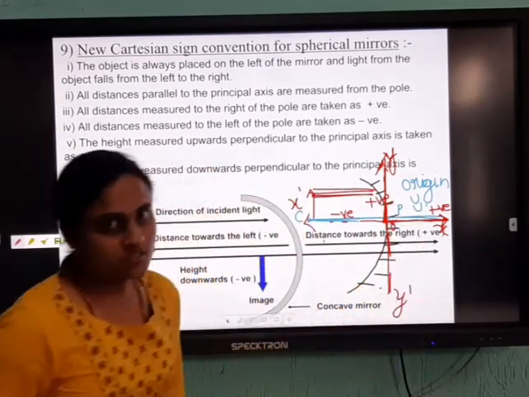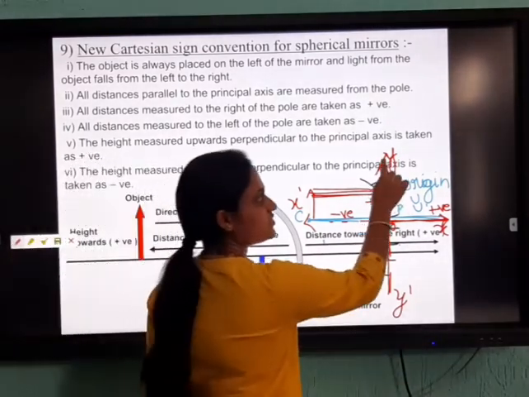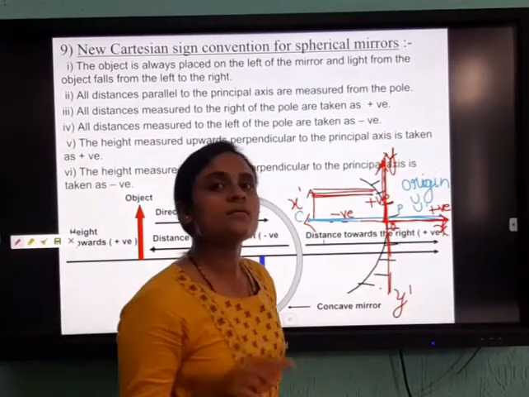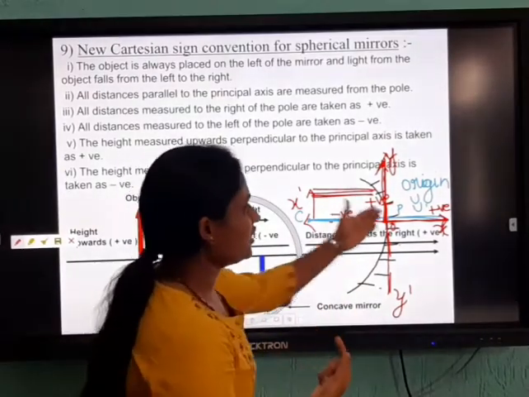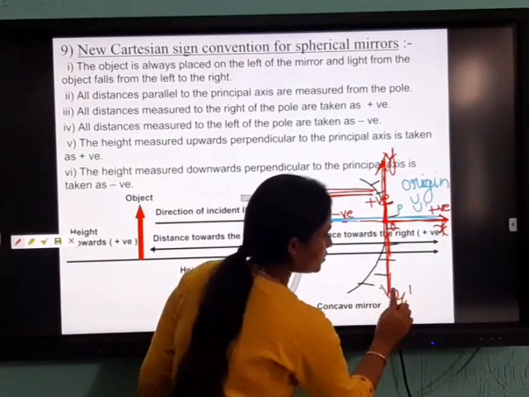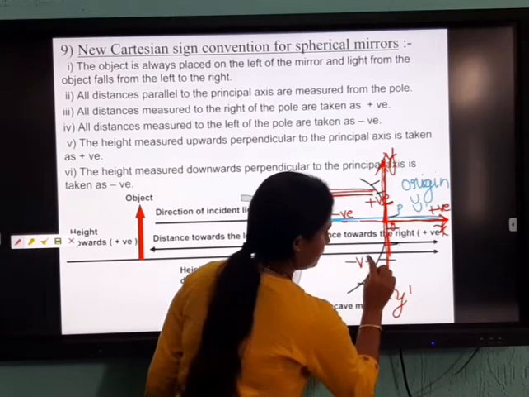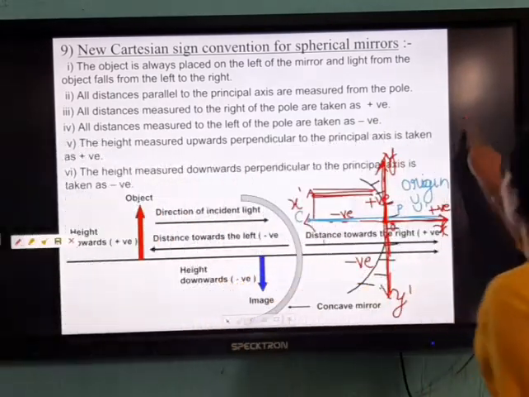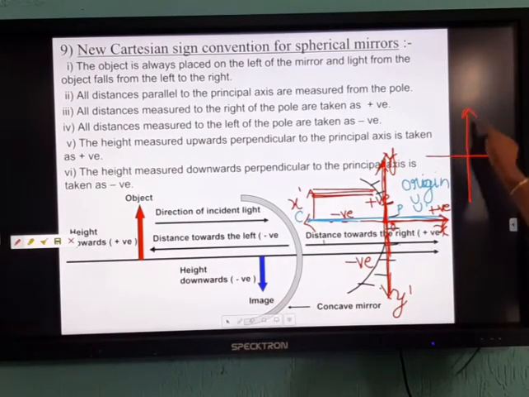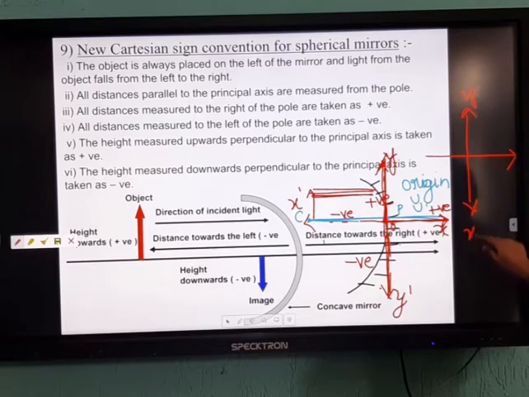In the coordinate system it is the same, no? On this axis you are going to mark the positive numbers, +1, +2, +3, right? In the same way, if it's in the downward direction, it will be negative. Clear cut. Now we are going to mark in this coordinate system, right? I'll show you. This is y, y dash.